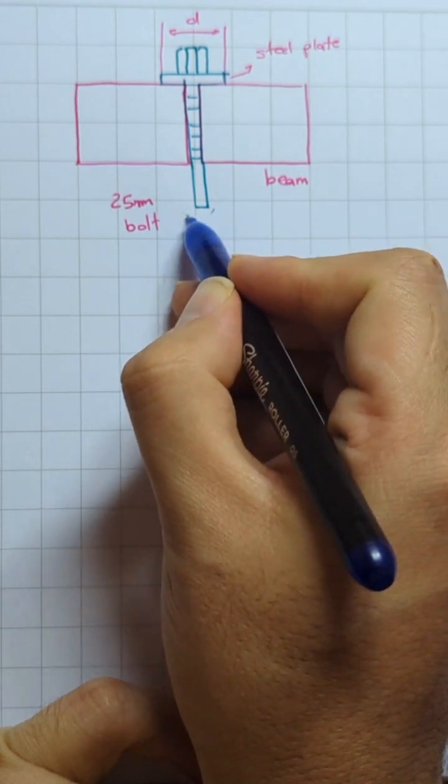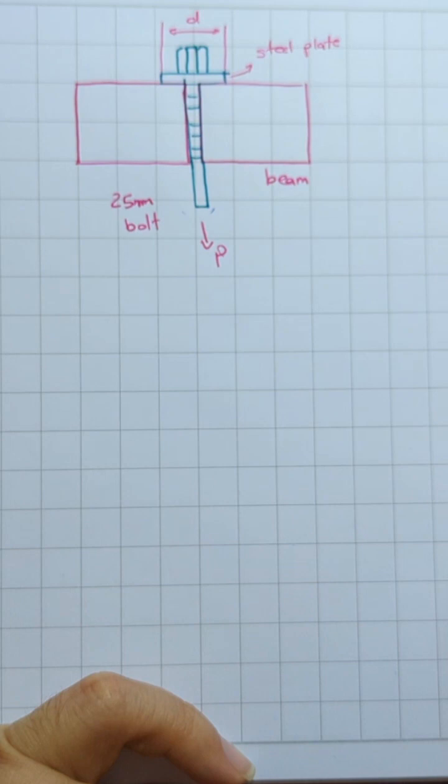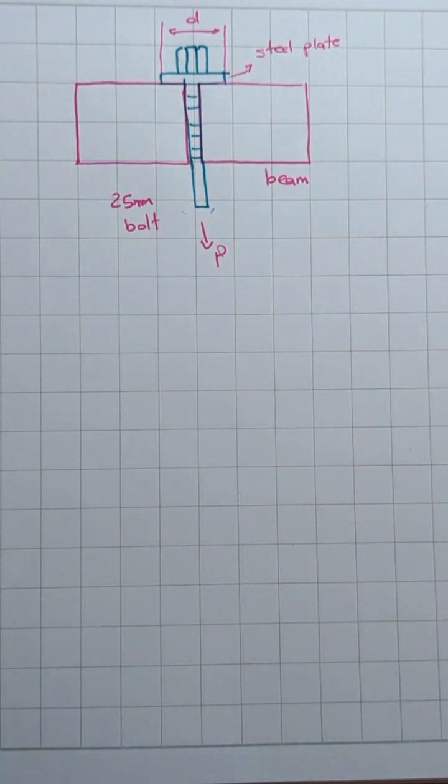The D in here is 25, so the R should be 12.5 millimeter. So pi times 12.5 squared, the answer is 491 millimeters squared. Okay.